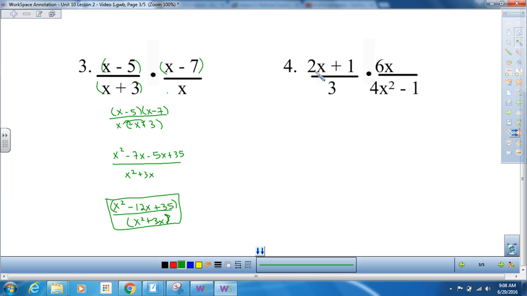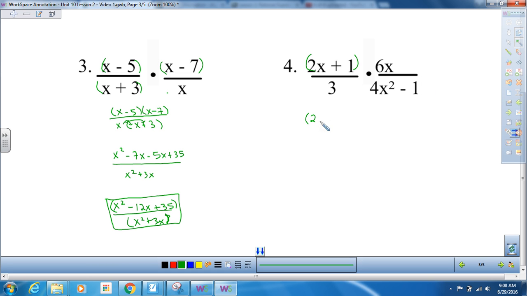On 4, let's see. 2x plus 1, nope, nothing can factor. 6x is a single term, so nothing can factor. 3 is a single term, so nothing can factor. And I am going to do this, so 4x squared minus 1. No common terms, but it's a perfect square, so it's a difference of squares, because 4 and 1 are perfect squares.